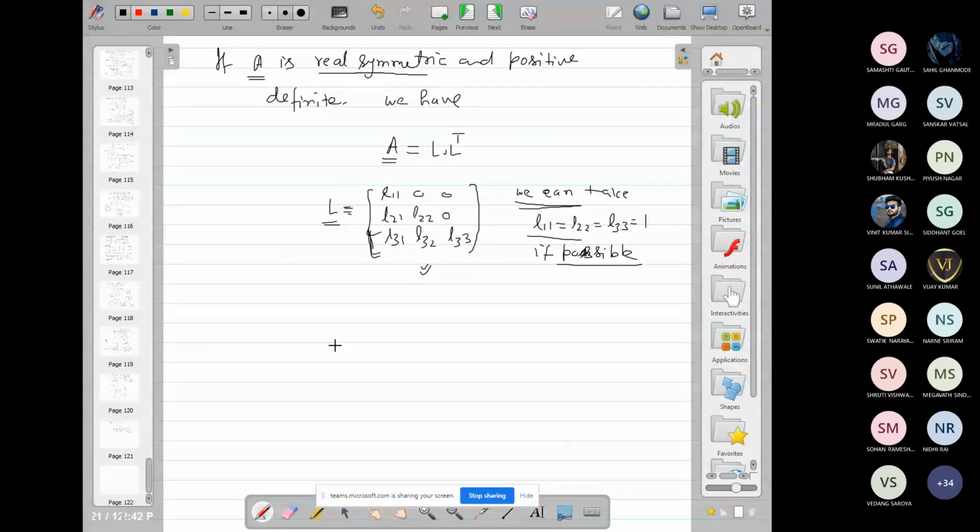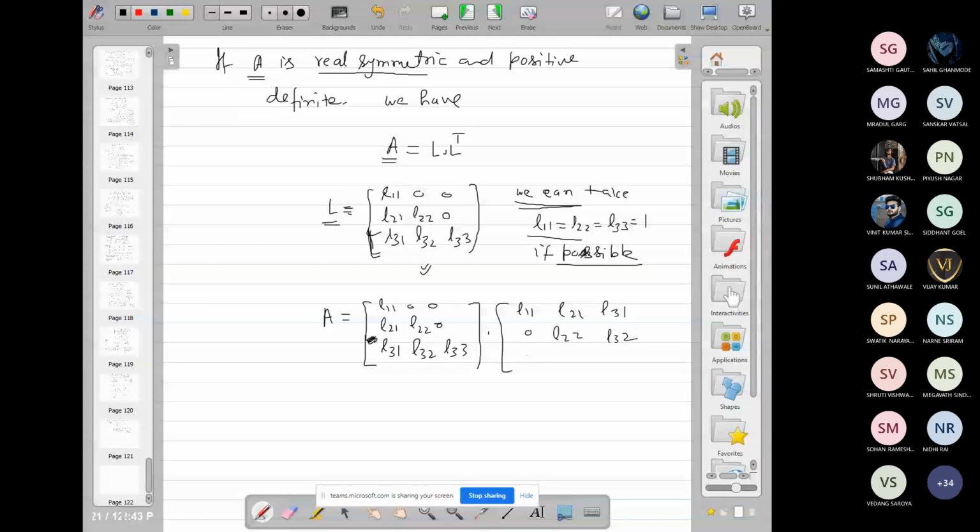Then we can write A as L11 0 0, L21 L22 0, L31 L32 L33 into its transpose. For the transpose, we change rows into columns, so it is L11, L21, L31 and 0, L22, L32 and 0, 0, L33.